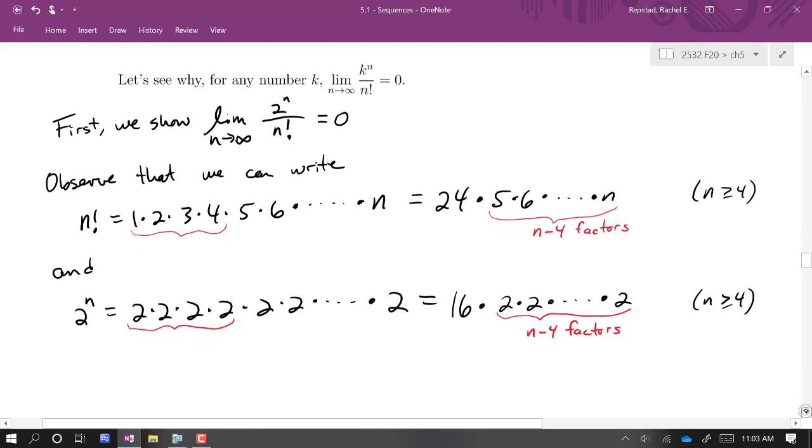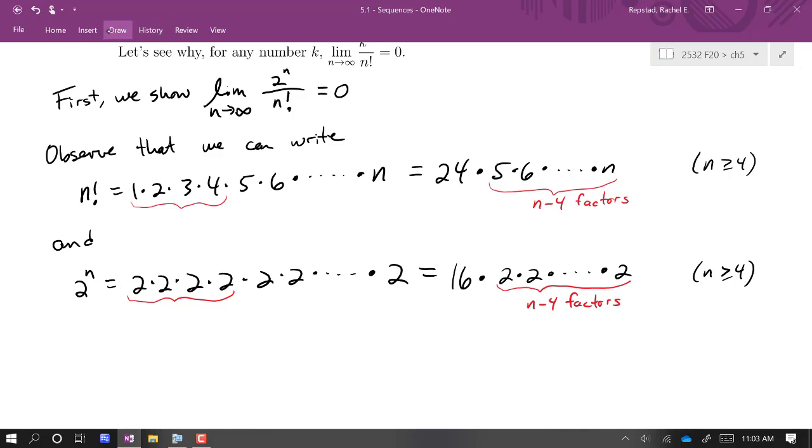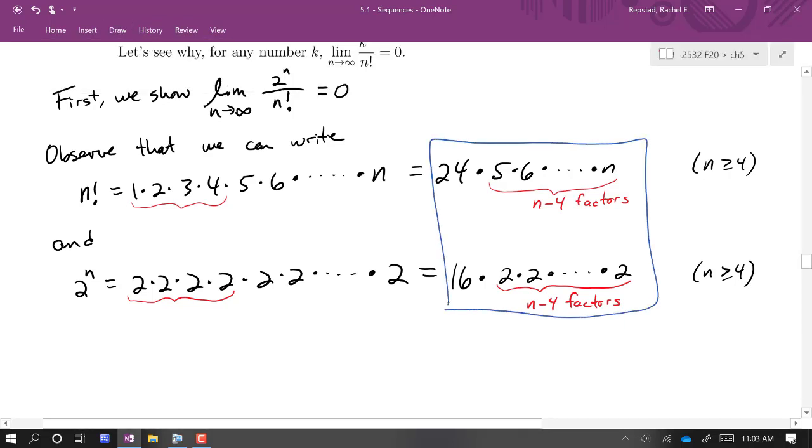So let's look at what this means. Let's compare these two. This means that for n greater than or equal to 4, n factorial is greater than 2 to the n.